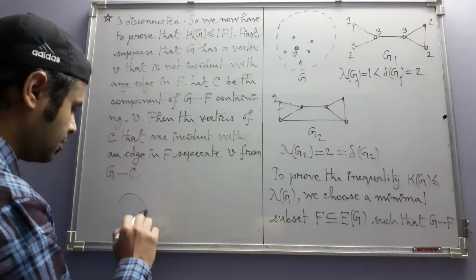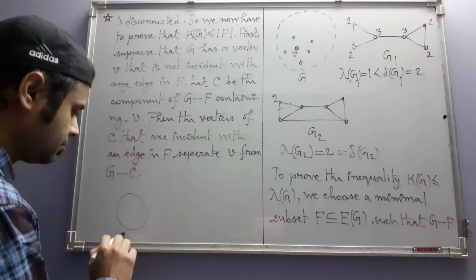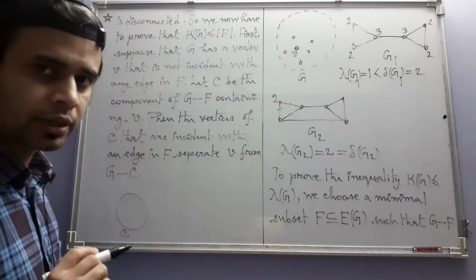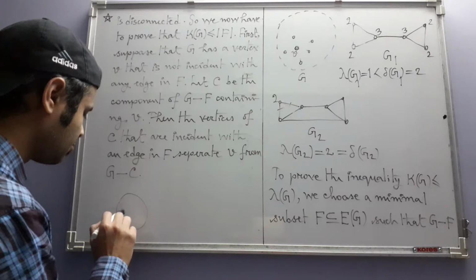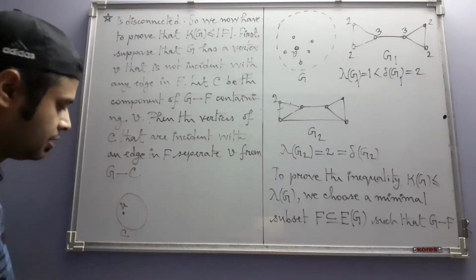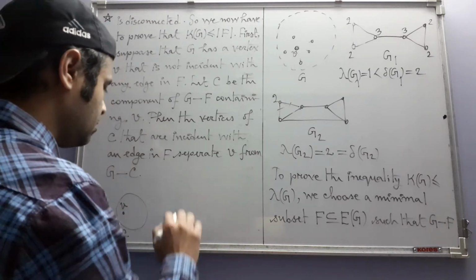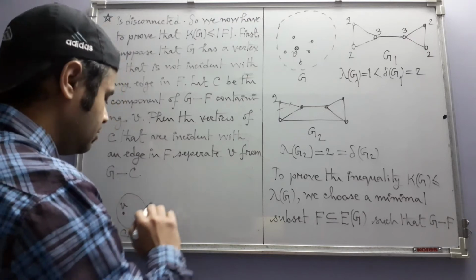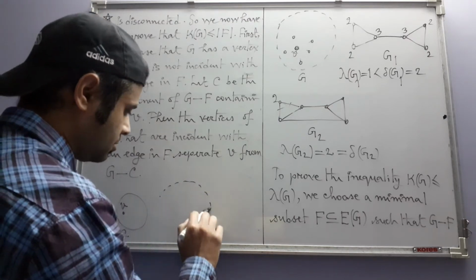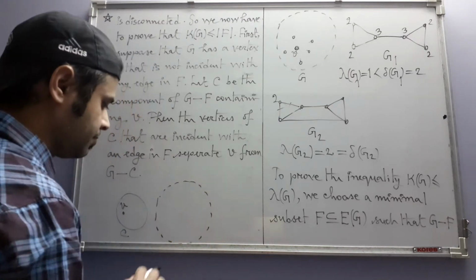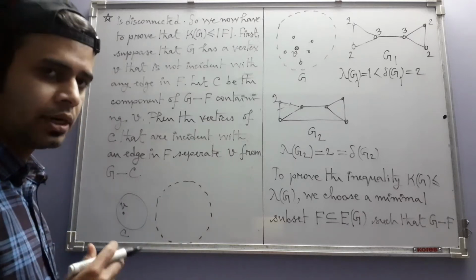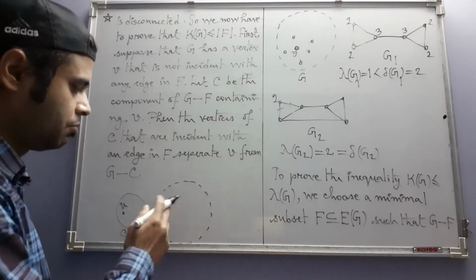So this is our C, the component that contains V. So suppose the vertex V is here somewhere in C, and the rest of G is here. In this part there may be more than one component.